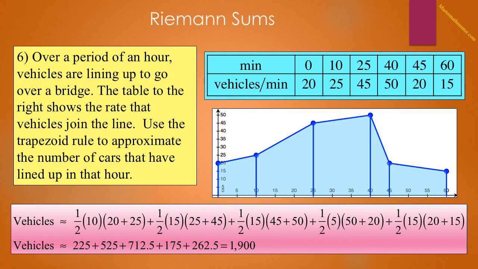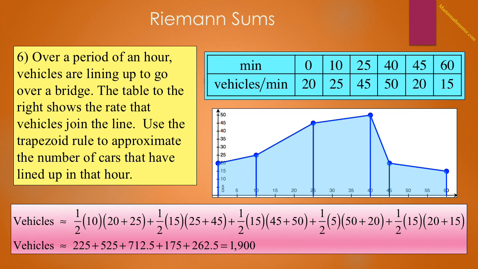So the number of vehicles is approximately 1/2 the base of the first trapezoid, which is 10, times the sum of their heights, 20 plus 25, plus 1/2 the base of the second trapezoid, which is 15, times the sum of their heights, 25 plus 45, plus 1/2 times the base of the third trapezoid, which is 15, times 45 plus 50, plus 1/2 the base of the fourth trapezoid, which is 5, times 50 plus 20, plus 1/2 the base of the final trapezoid, which is 15, times 20 plus 15.